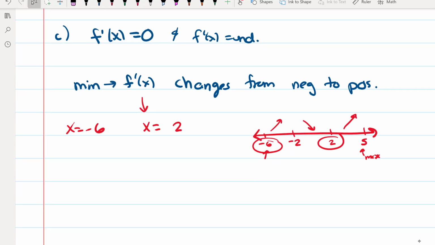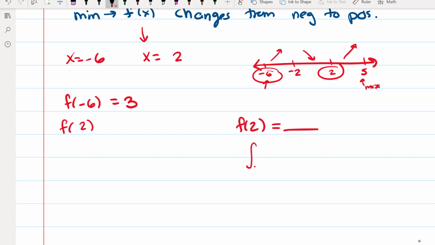So we know that f of -6 is equal to 3. All right, so we need to find f of 2 now. So in order to find f of 2, we're going to integrate. So we integrate from -2 to 2 of f prime of t dt is equal to f of 2 minus f of -2. So when you integrate, that's the area underneath the semicircle, which is -2 pi is equal to f of 2 minus 7.